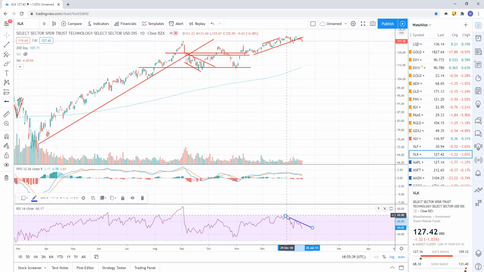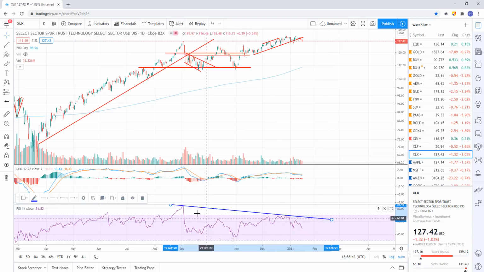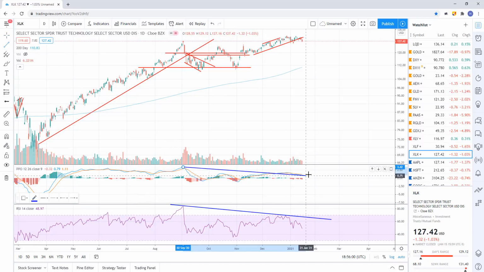If you scroll out a little bit, you can see we clearly have negative divergence farther out. This price action all right here is all divergent high compared to this last former high. So higher highs on lower momentum is negative divergence, and that is signaling a trend change is likely. We also have it on the PPO here.